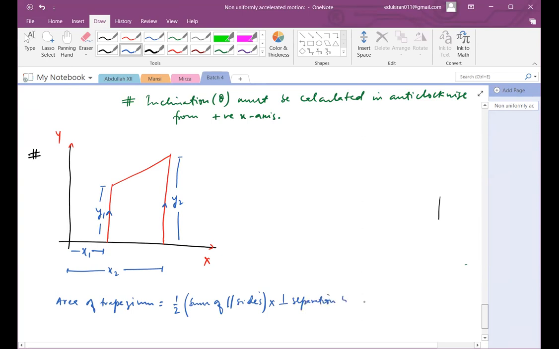In this part, we have the parallel sides y1 plus y2, and the perpendicular separation will be this part, so it will be x2 minus x1.